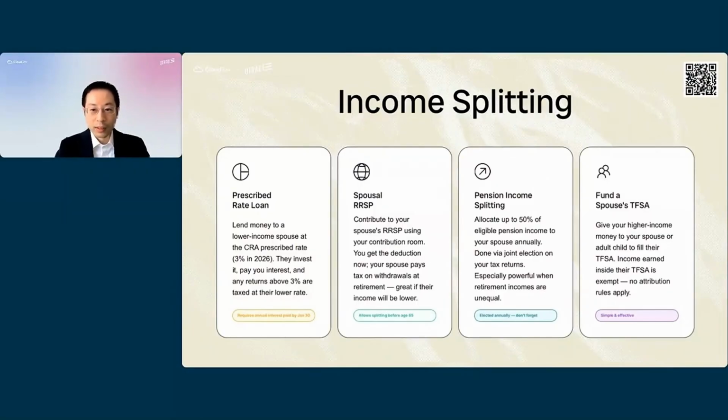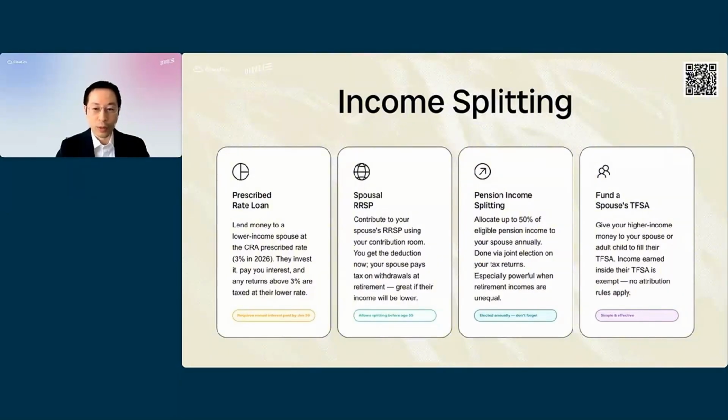The second point is the spousal RSP. So this one, the idea is the taxpayer will contribute to the spouse's RSP using the taxpayer's RSP room, and the gain from this is the taxpayer instantly gains the tax deduction, and the spouse will only pay tax when they withdraw the funds, either at retirement or perhaps in a later year where they have a lower income.